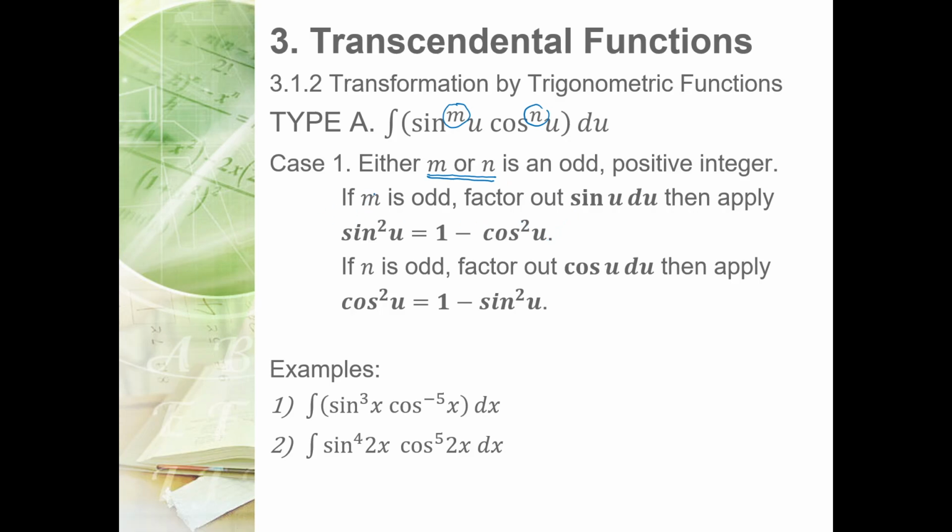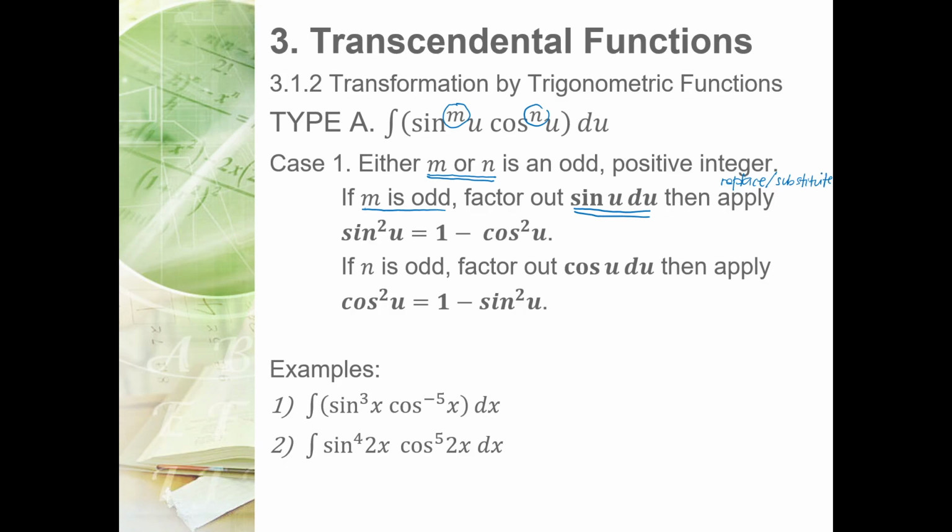So let's say your m, the exponent of your sine function, is odd. So we need to factor out sine u du. Then upon factoring sine u du, we replace or substitute sine squared u is equal to 1 minus cosine squared u.